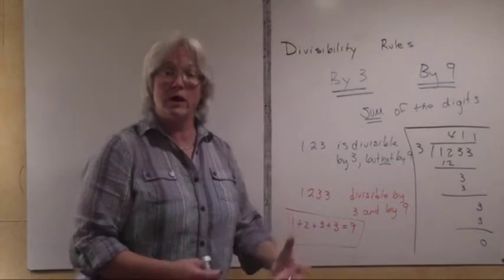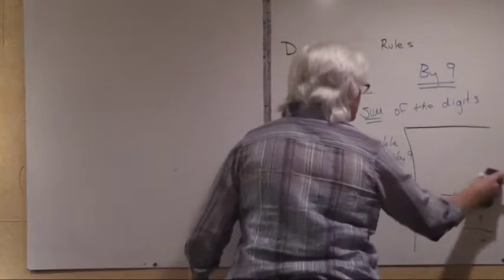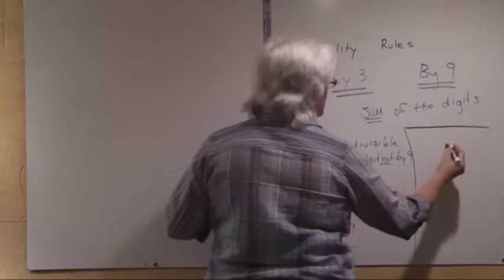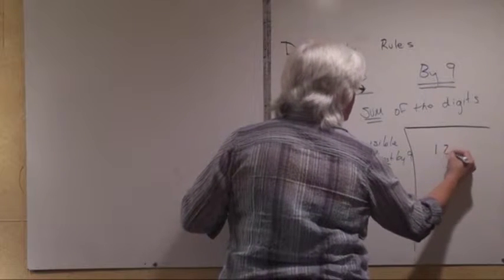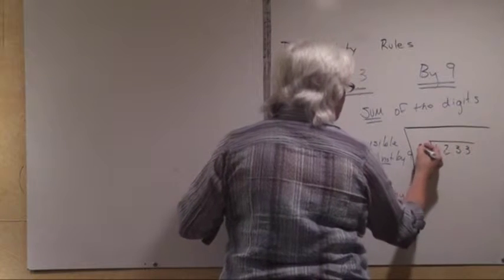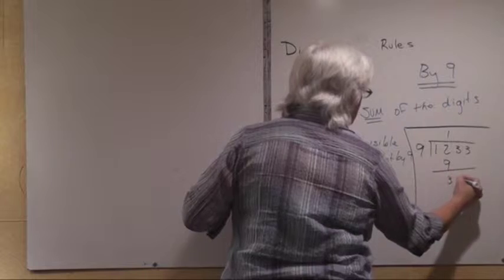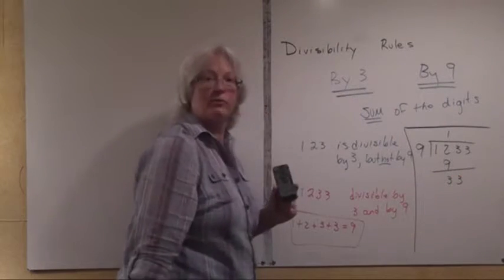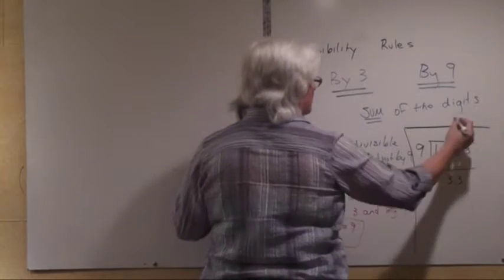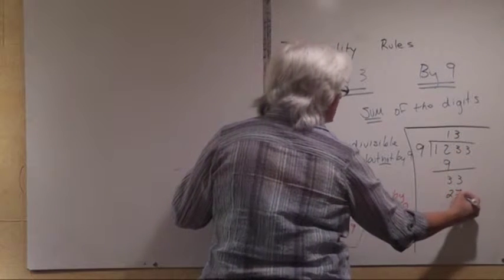Now let's go ahead and illustrate that you can also divide by 9. 1, 2, 3, 3, divided by 9. 9 goes into 12 one time. You subtract, you have a 3, bring down the 3. 9 goes into 27 3 times. 3 times 9 is 27.